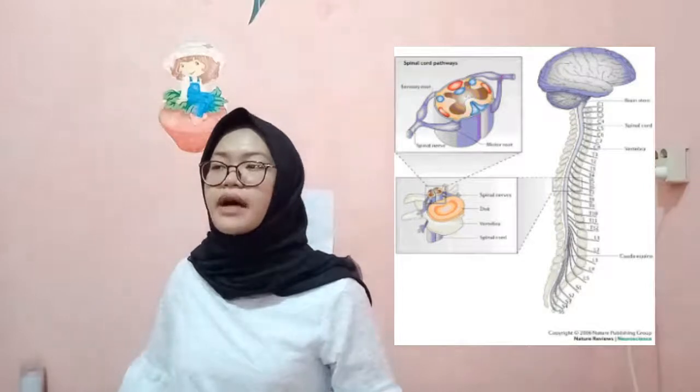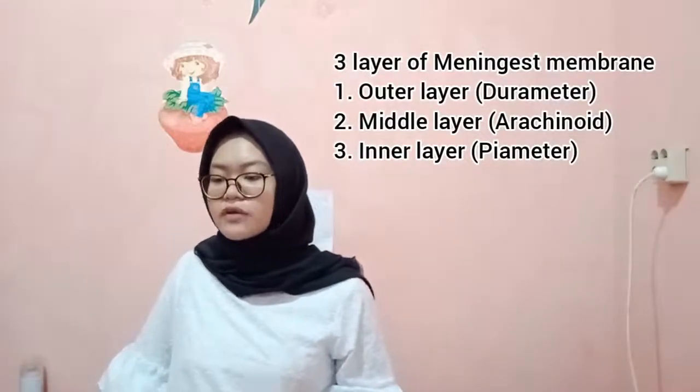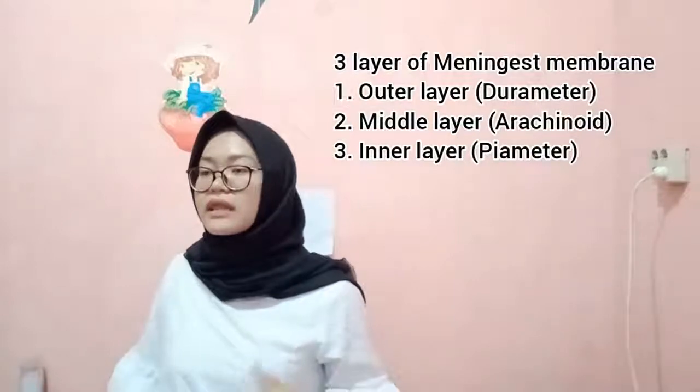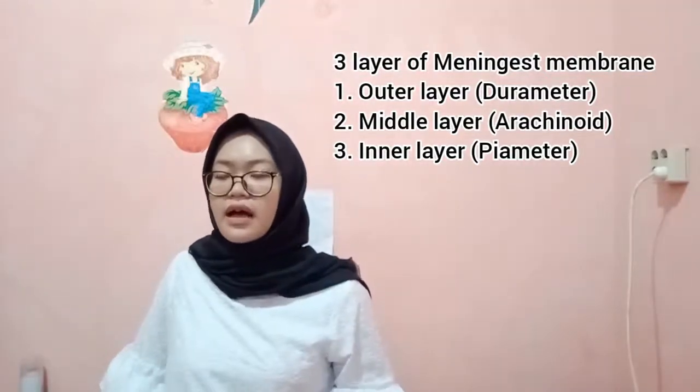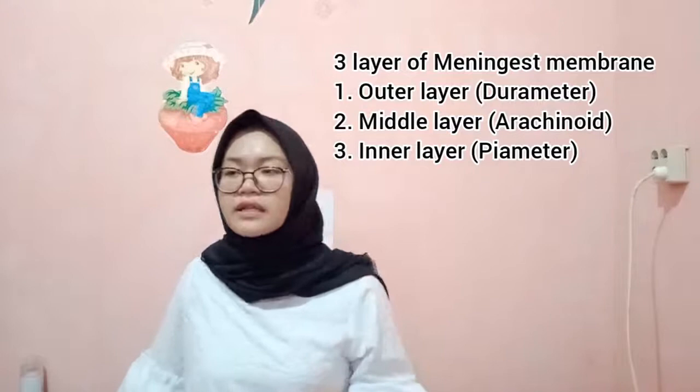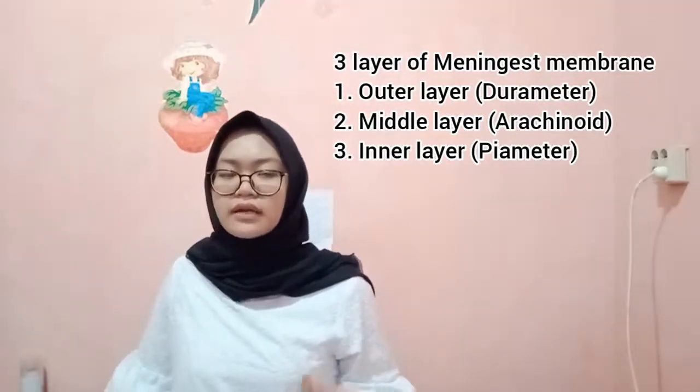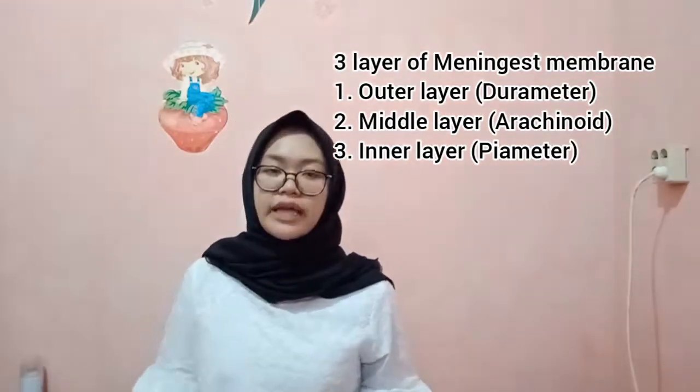The brain is the center of coordination in our body, and it can be divided into two large hemispheres. It is located in our skull, and it is covered by the meninges membrane. The meninges can be divided into three layers: the outer layer, called the duramater, that covers our bone; the middle layer, the arachnoid; and the last, the inner layer, the piamater, that covers our brain and spinal cord.